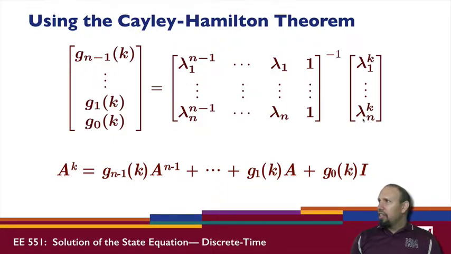And so these are those numbers to the power k. And so this gives us the functions that we're looking for. Once we have solved this equation for the g's, then we have this expression, and we know how to compute a to the power k. So look at the sample problems to see how this works.